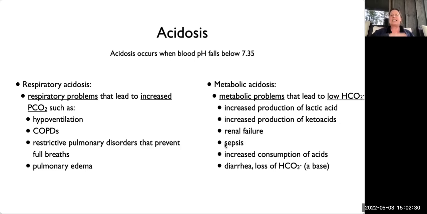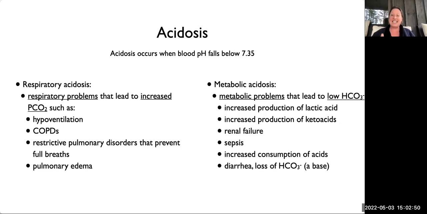Sepsis, which is a systemic bacterial infection, can cause this because bacteria often produce metabolic waste products that are acidic. Increased consumption of acids. Every once in a while, you'll see someone who takes way too much aspirin.